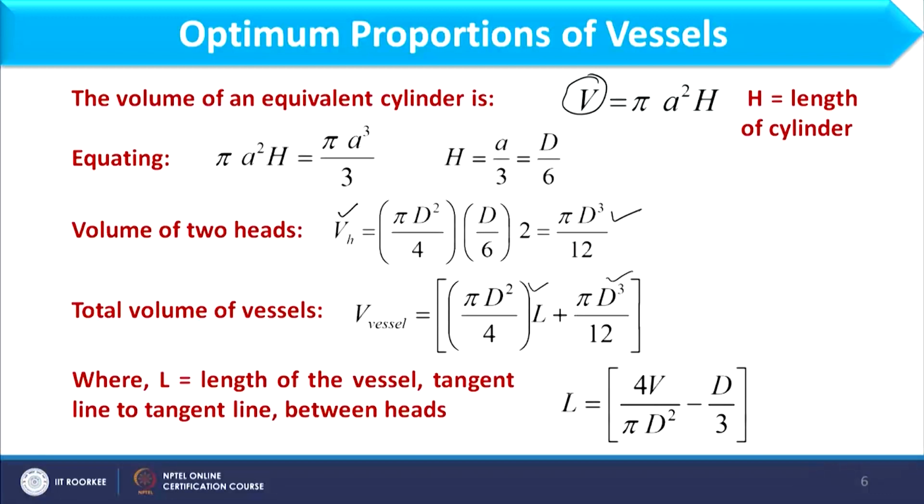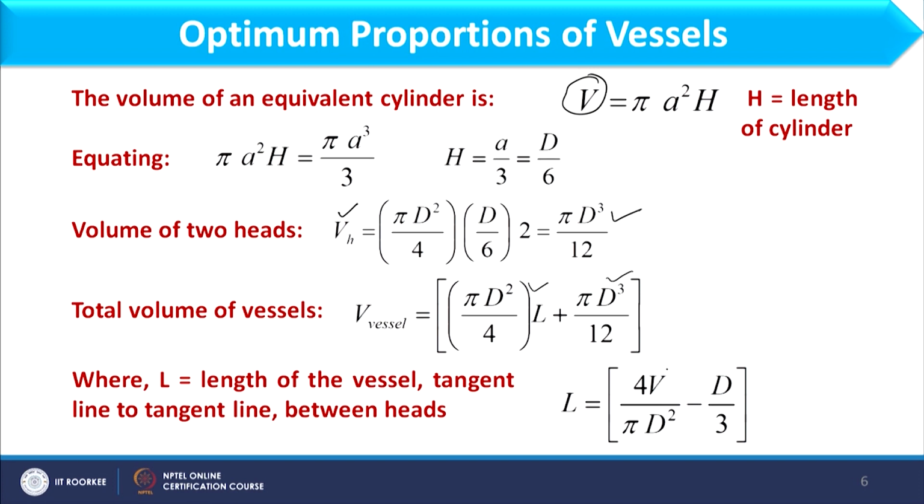So, tangent to tangent length means where the heads are connected. It means the length of the shell only. So wherever it is written in text that it is tangent to tangent length, you should understand that it is nothing but the length of the shell.